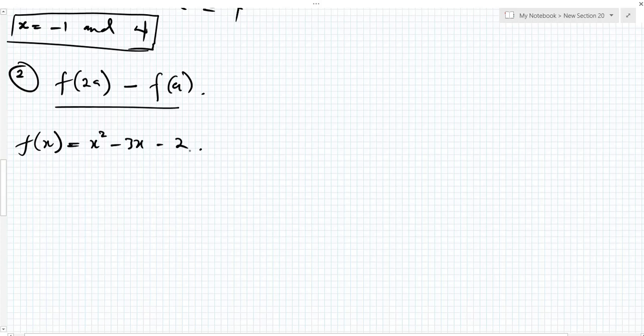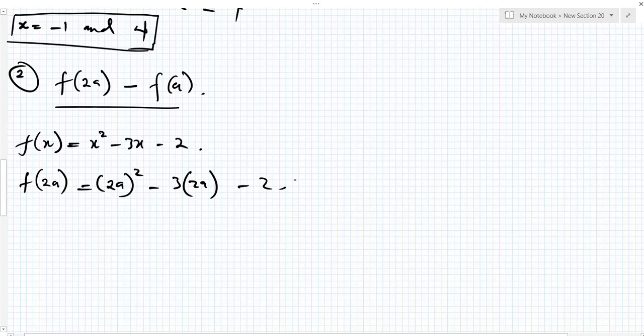So what I will do now is f of 2a. Wherever I see x, I replace it with 2a. So f of 2a will now be 2a all squared minus 3 into 2a minus 2. So this will be 4a squared minus 6a minus 2.